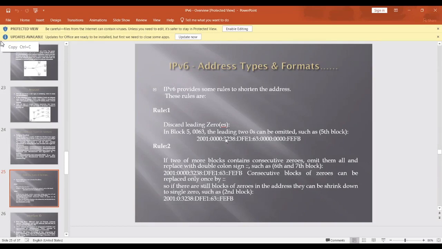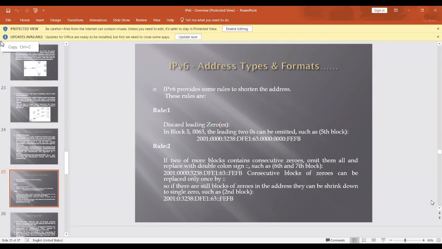The second rule says that if you have multiple consecutive zero blocks adjacent to each other, then we can choose the maximum adjacent consecutive zero blocks and represent them by a double colon like this. So now if we abbreviate this particular IP address, we can write it like this.